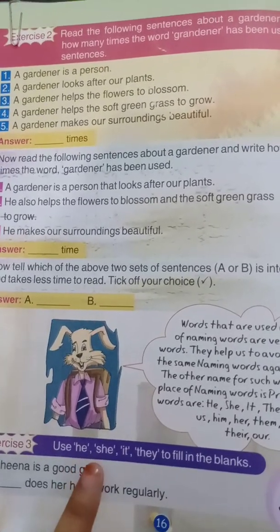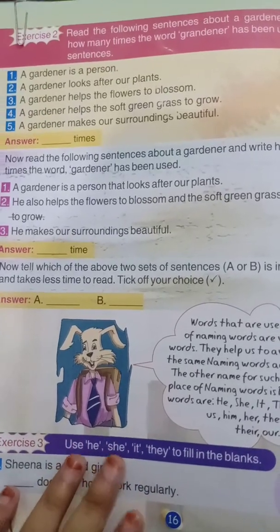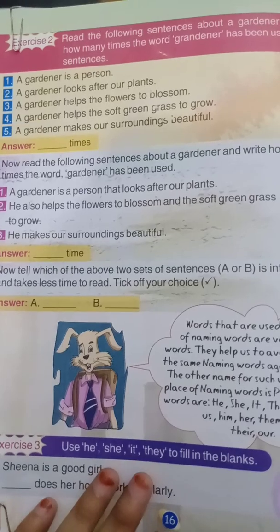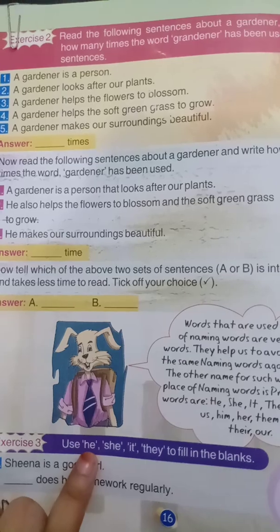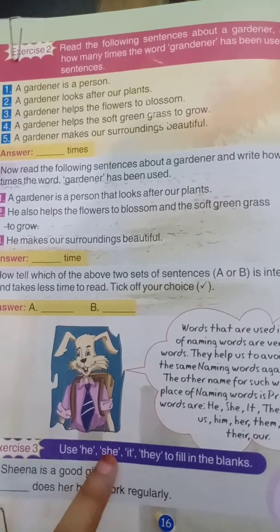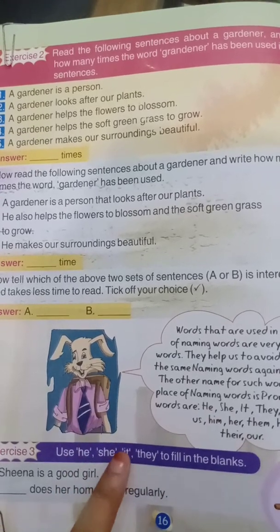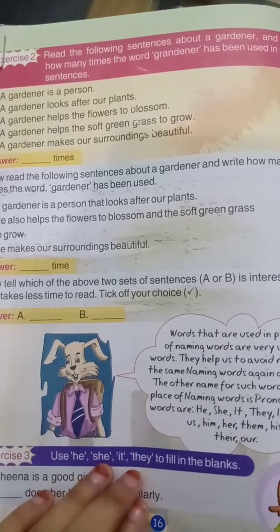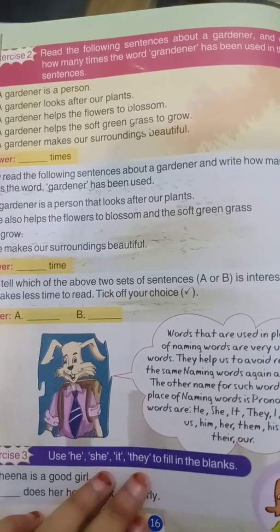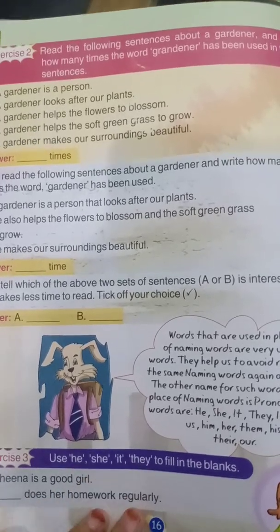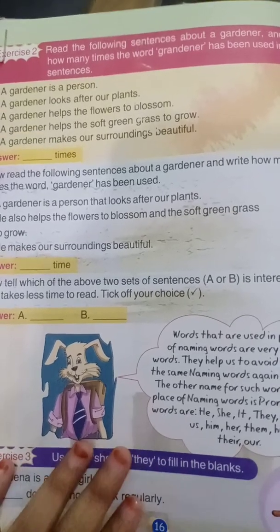So we use the pronoun according to the noun: for a boy or man, he; for a girl or woman, she; for one non-living thing, it; and for more than 2 or 3 things or persons, they.